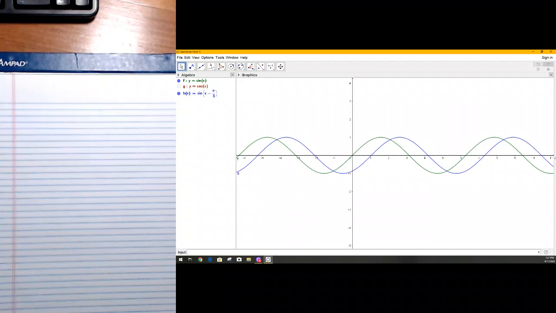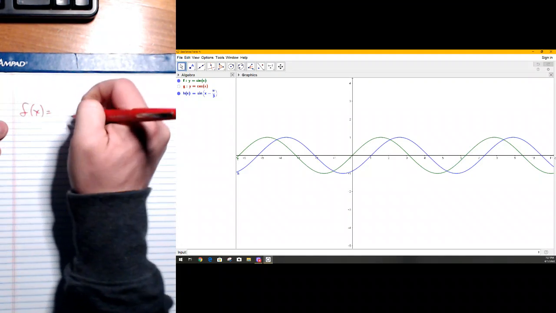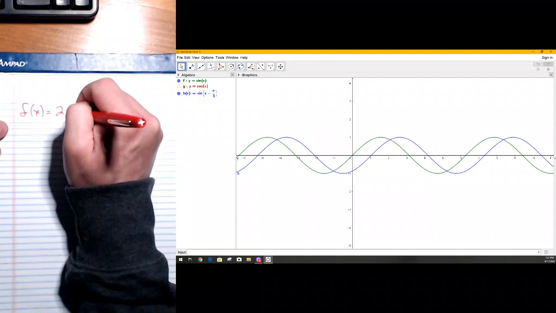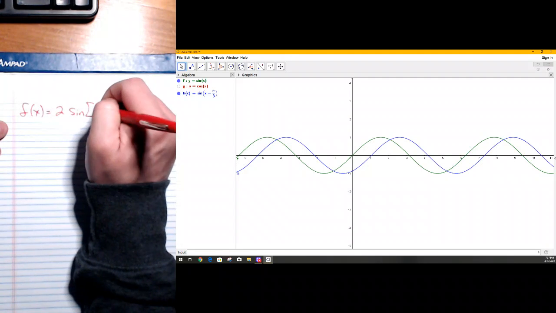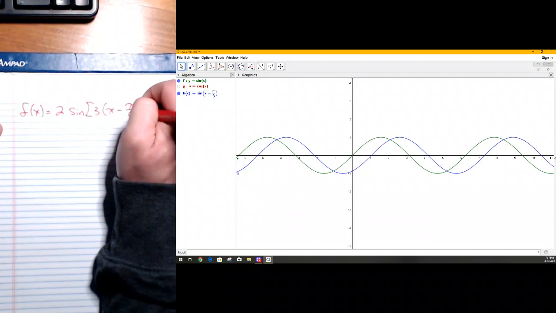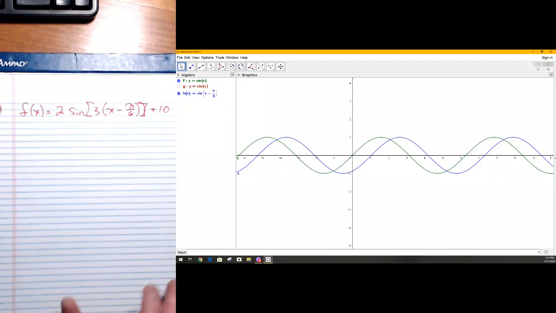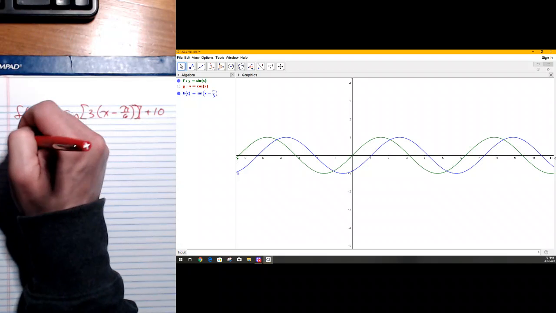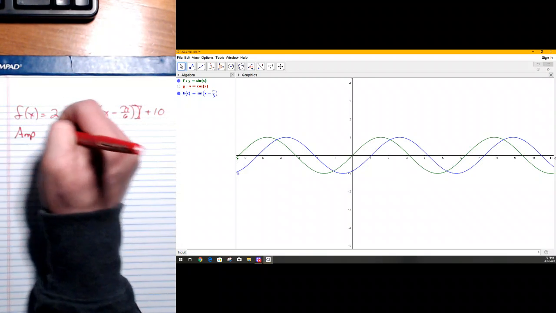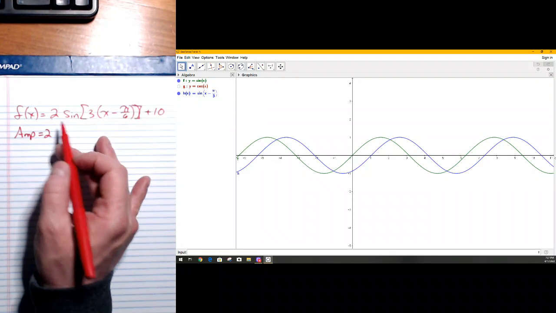All right, so now let's put it all together. Let's say we had the equation where we had f of x is equal to 2 times the sine of, let's do 3x minus pi over 6, plus 10. Here, our amplitude is equal to 2. And we pick that up right from here.